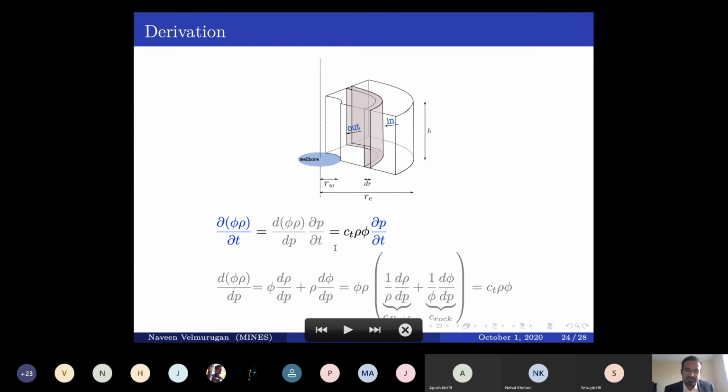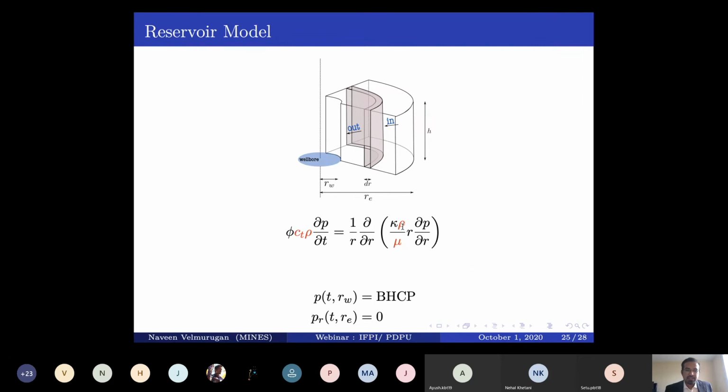And voila, you have the pressure term in time. You substitute that in the previous equation, and you get the diffusion equation with respect to pressure, both radially and in the time domain.